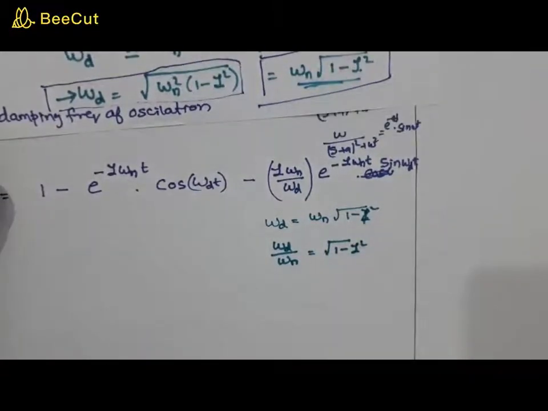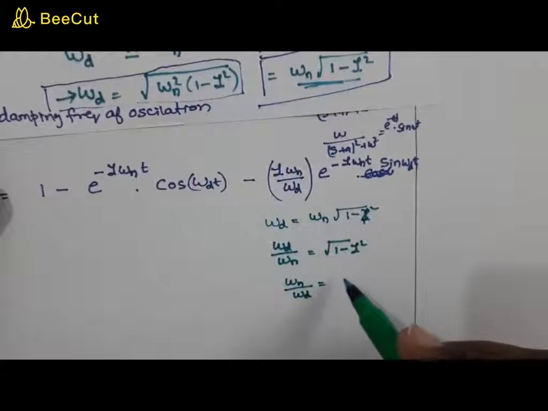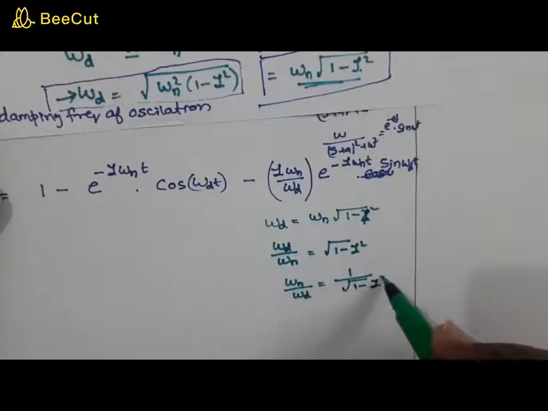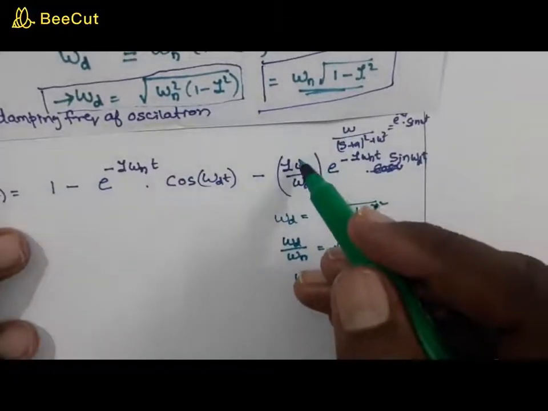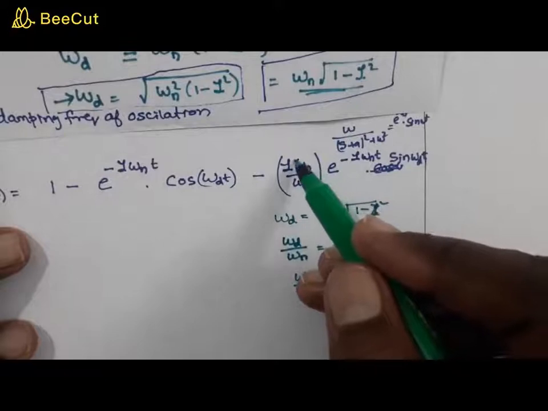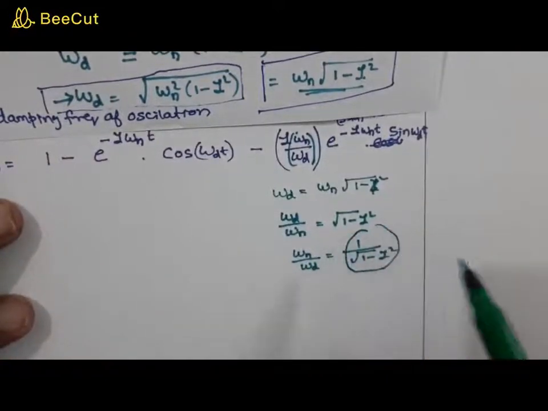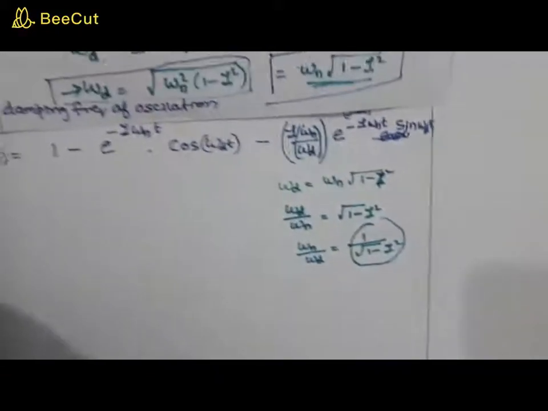Okay, so what will be omega n by omega d? From this you will get omega n by omega d to be 1 by root of 1 minus theta squared. So you can replace this omega n by omega d by this term, 1 by root of 1 minus theta squared.